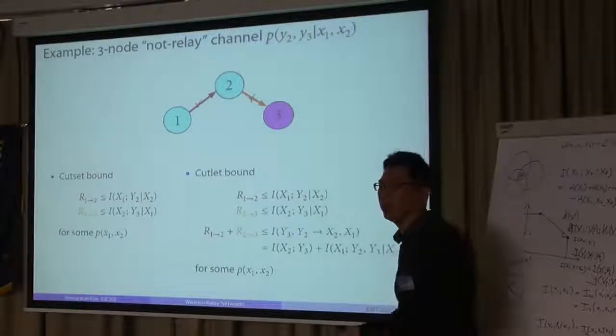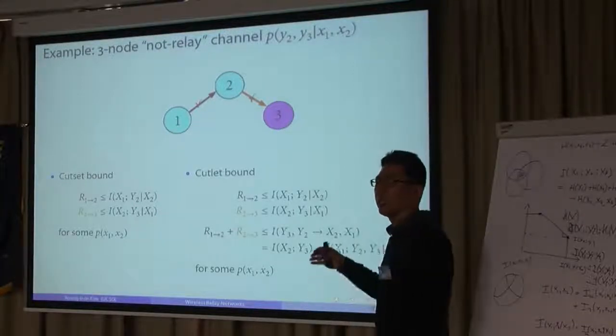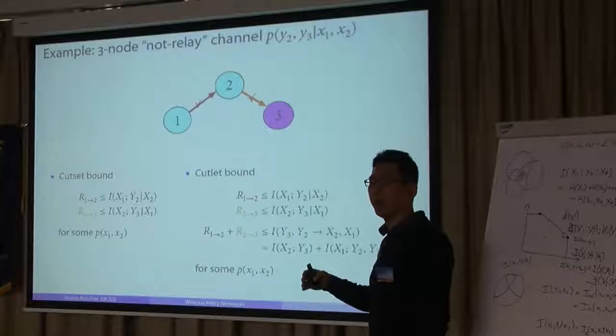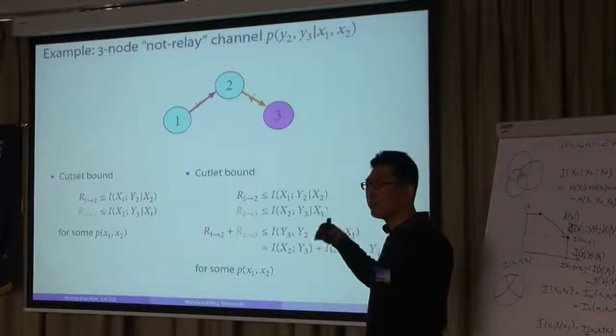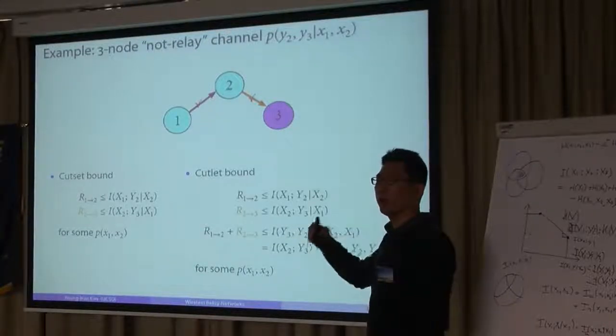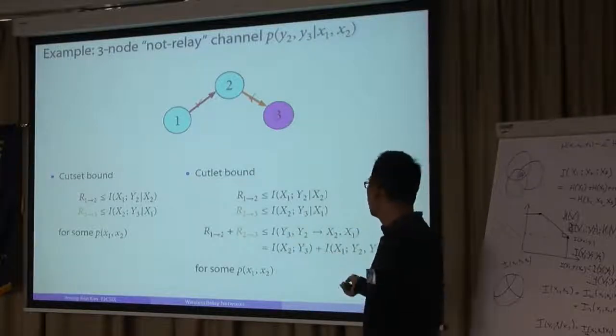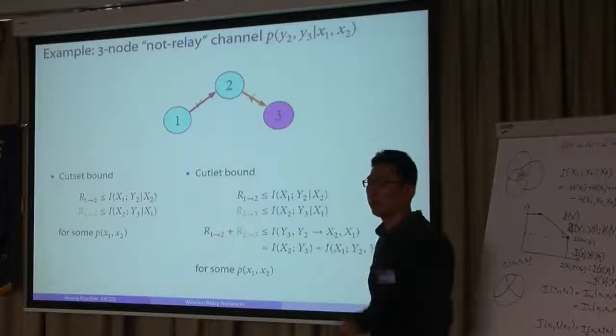So this one gives us a non-trivial improvement on the cut-set bound, and most likely, if we know how to find the matching coding scheme, this will be the right bound to look for multiple unicast networks.